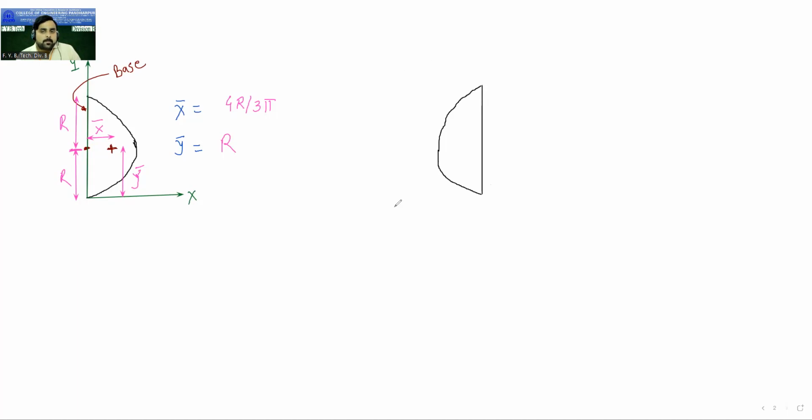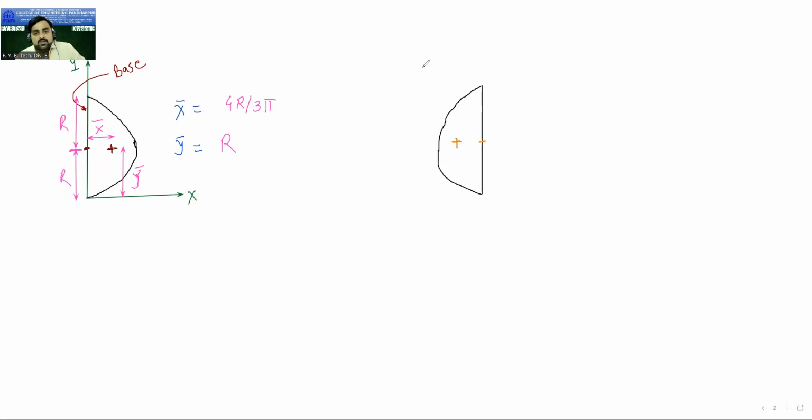My diagram is not that good for the semicircle; you draw a neat diagram. So now this is also a semicircle. Same thing: the radius is r, the diameter is d. Now if I locate its center and centroid, somewhere here is the center of the semicircle, and this point is the centroid of the semicircle.